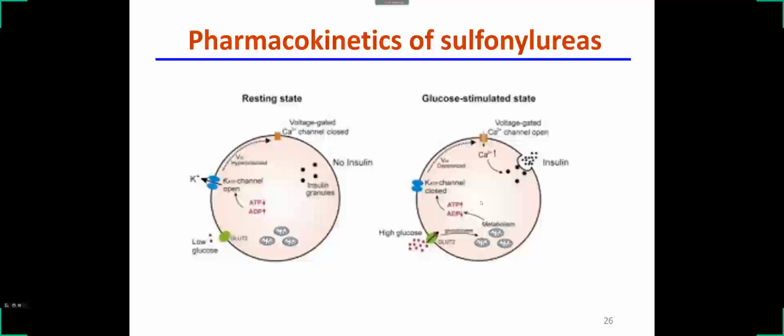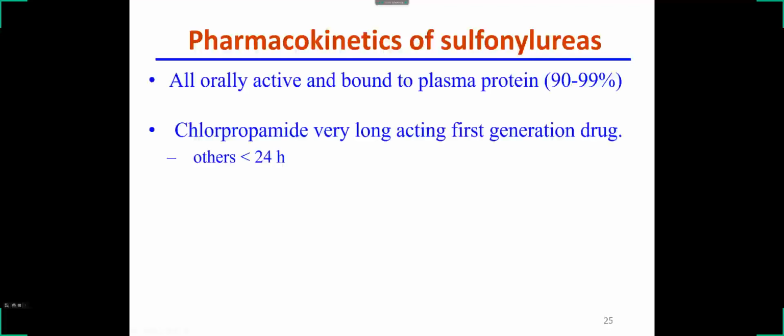So what we want to do is mimic glucose without having glucose, so to speak. So the compounds do this by short-circuiting and stimulating the high glucose state.